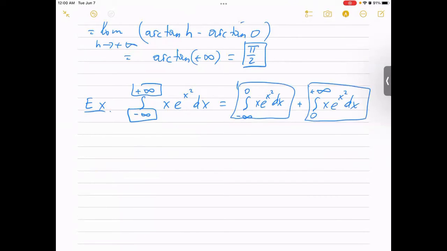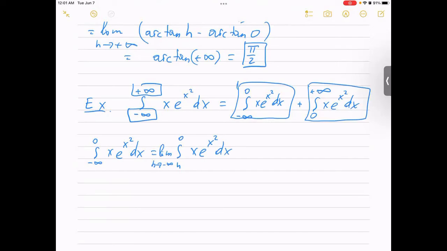So let's do the integral from negative infinity to 0 of x e to x squared dx. So instead of negative infinity, we're going to write down h. And then we'll say, well, h is approaching negative infinity.